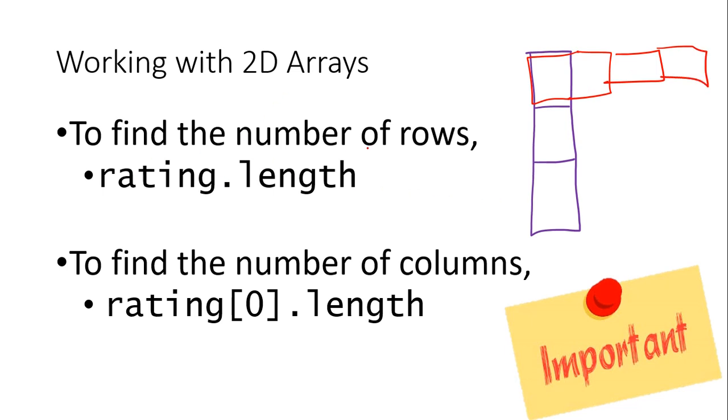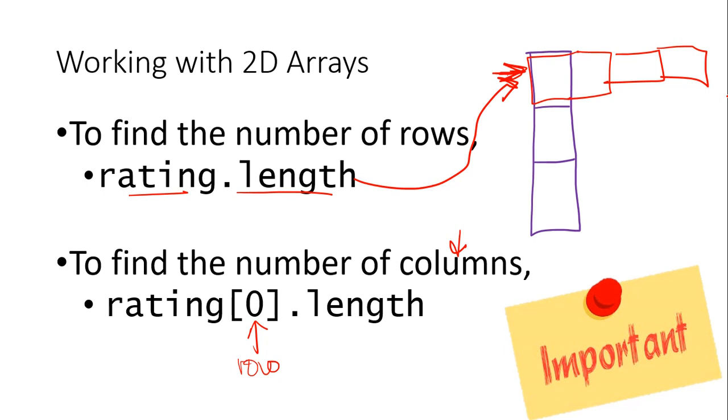Now, to find the number of rows, we did rating.length. What that's doing is finding the length of the outside of the array that's holding the arrays. Okay, that's why I'm just doing dot length. If I want the number of columns, that's me saying I want how long is a row. So I'm saying how many boxes are in spot 0 of my array.